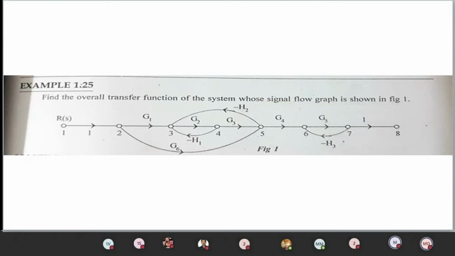Try to solve several times until it becomes too easy for you. Particularly, problems involving a block diagram or a signal flow graph will fetch you bonus marks. So it is highly advisable to work on this thoroughly.